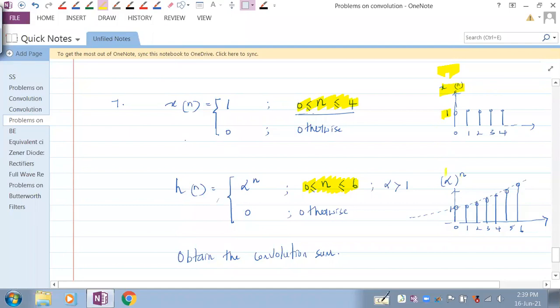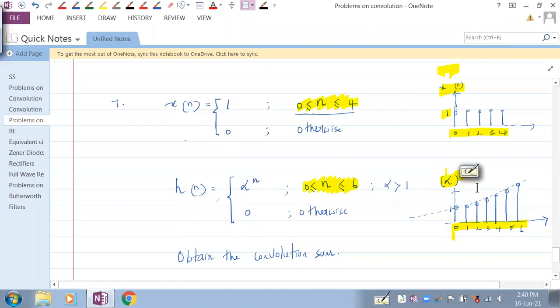And we have drawn the second signal h of n, which is alpha per n from 0 to 6 here. From 0 to 6, it is alpha per n, and this is 1 from 0 to 4. That is what we have to understand. So we have taken the signals here.